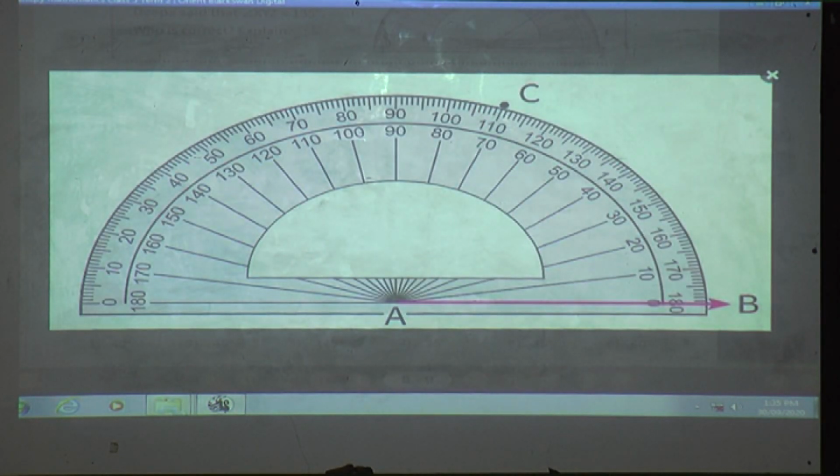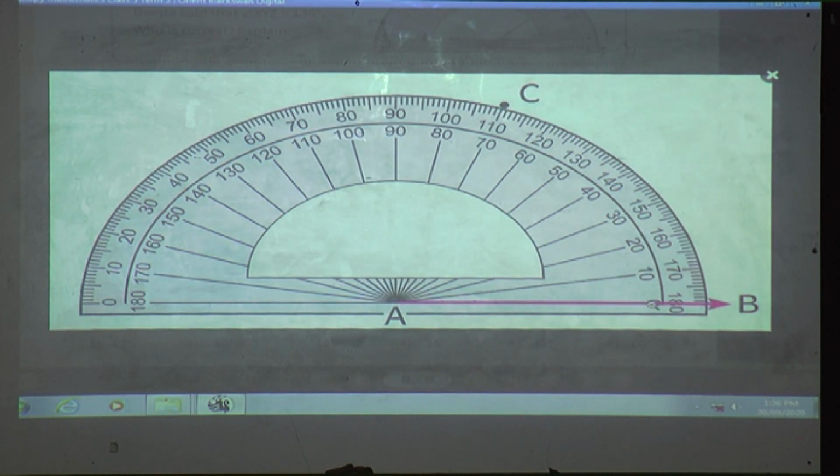Now place the baseline of the protractor on ray AB with its center on A. Note that AB meets the 0 degree point on the baseline along the inner scale.